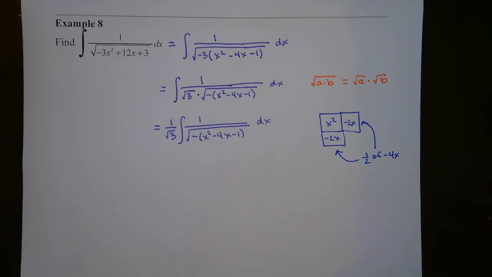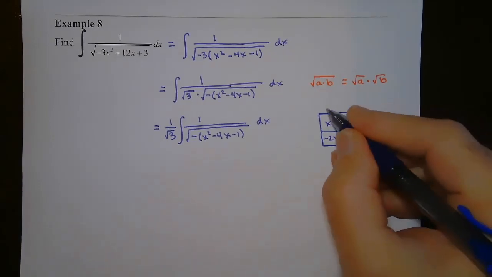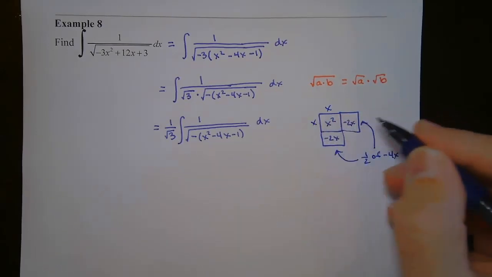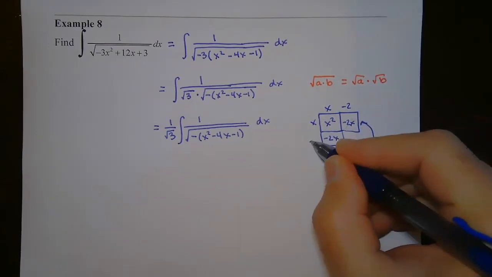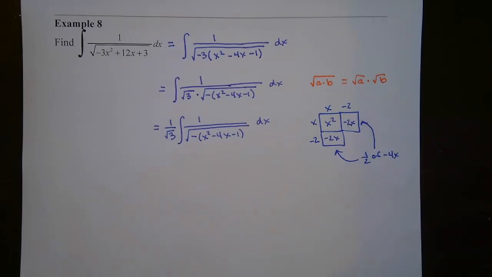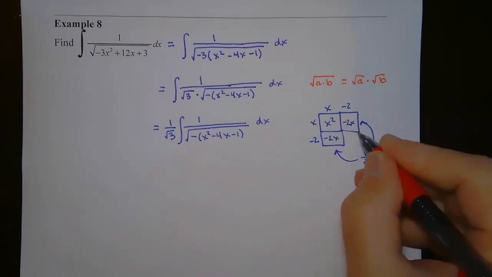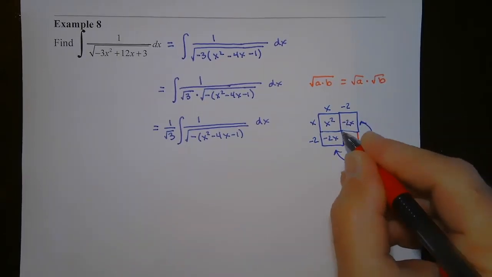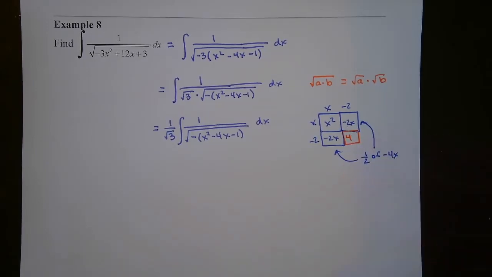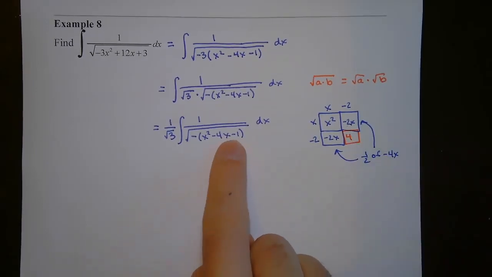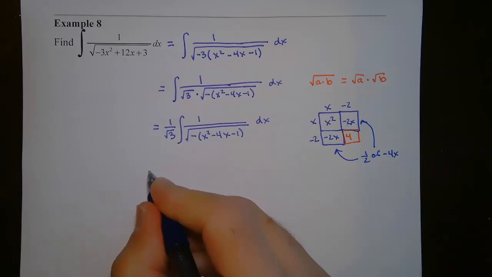And then this would be x, and this would be x, and minus 2, and minus 2, and negative 2 times negative 2 is positive 4. So what I need is a positive 4 to make this a perfect square. But I don't have a positive 4 here, right? So I'm going to break the negative 1 up. I'm going to decompose it.